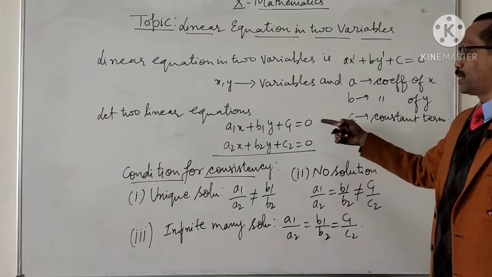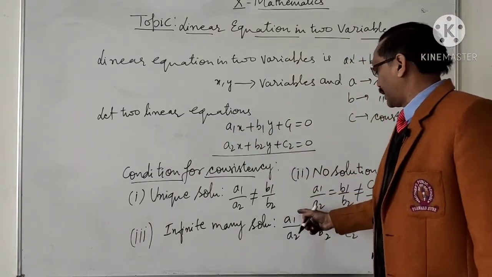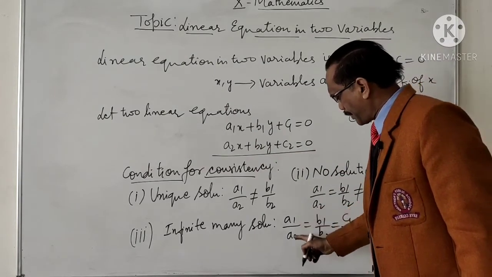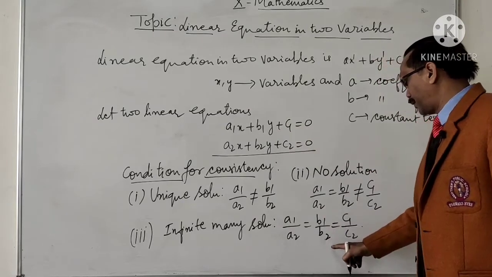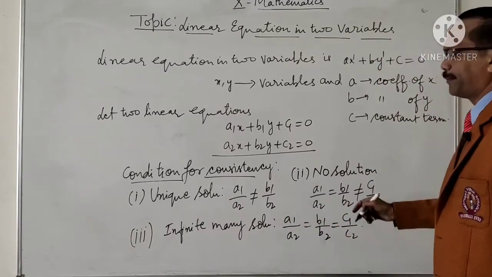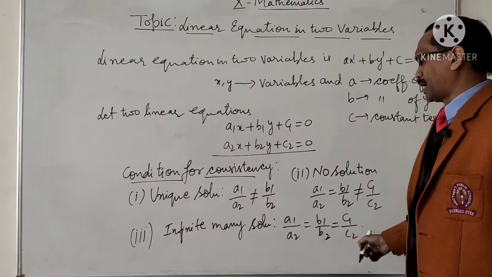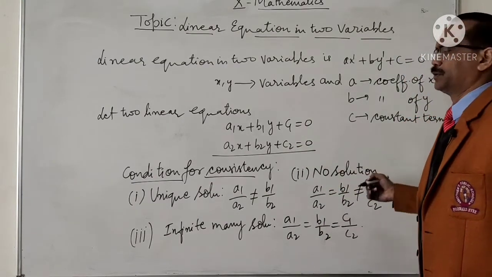When the ratio of coefficients of x, a1 upon a2, equals the ratio of coefficients of y, b1 upon b2, and equals the ratio of constant terms, they all are equal, then the equations have infinitely many solutions.